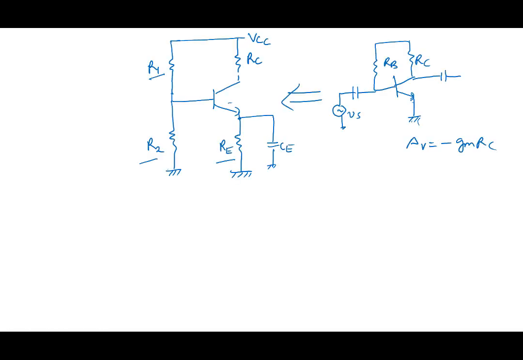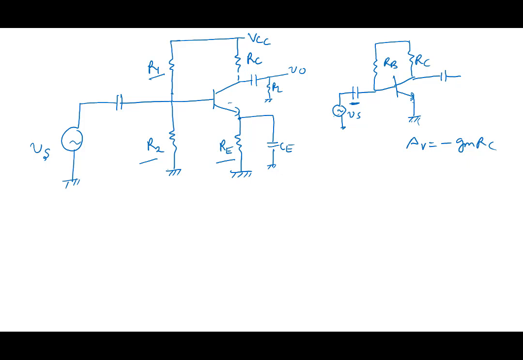That's why we put the capacitor here. Similarly, we couple the signal through a capacitor here. We put Vs here, and if you want to connect the load, you can connect RL here. So we take the output here, and we arrive at this particular circuit.